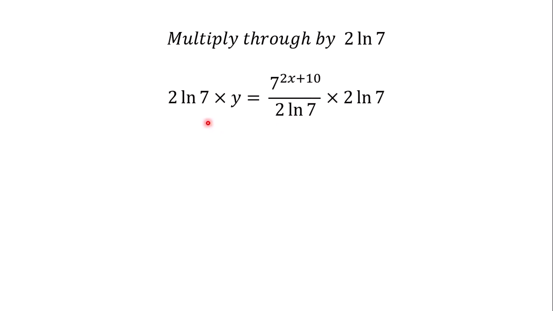And on this side, we get 2 ln 7 times y, which is 2 ln 7y. So 2 ln 7y is equal to 7 raised to the power 2x plus 10. Now you see, that is what we wanted it to look like. That is the linear equation.